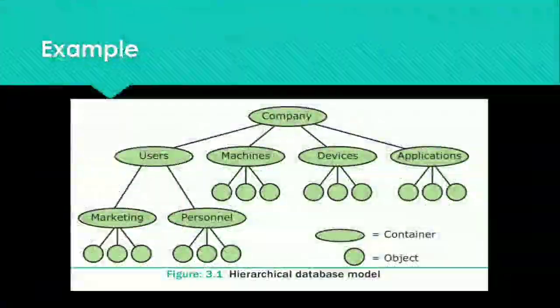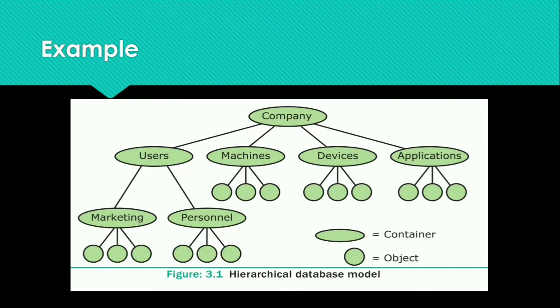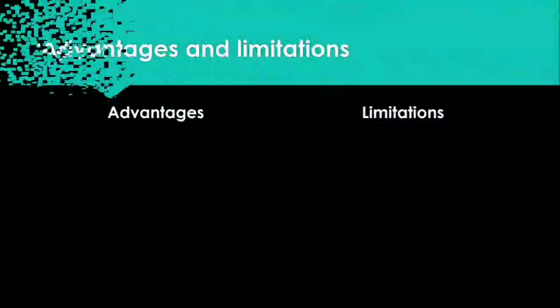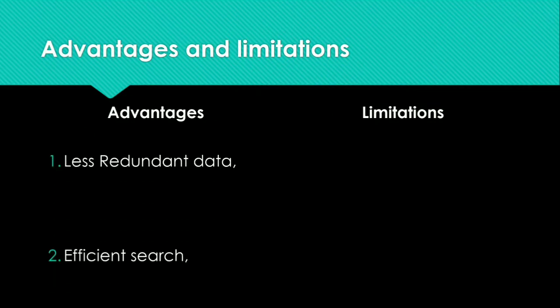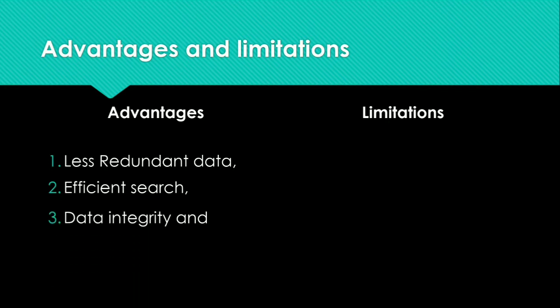Let us see another example which is given in your textbook. It is based on company details, and here also we have many branches and all these branches have a parent-child relationship. Now moving on to the advantages and limitations of the hierarchical database model. The very first advantage is less redundant data, efficient search, data integrity and security.